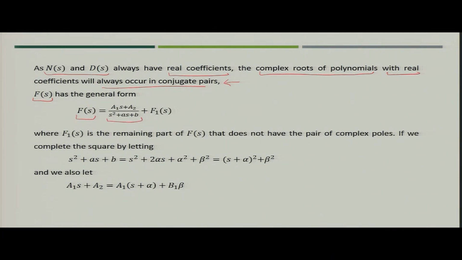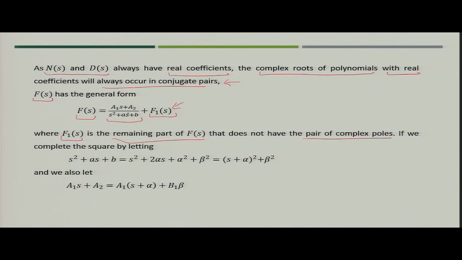The F(s) function you can decompose into two parts. First, the section where you have complex poles can be represented as (a1 s plus a2) divided by (s square plus a s plus b), plus F1(s), where you do not have any complex poles. So F1(s) is the remaining part of F(s) which does not have a pair of complex poles. What do you have to do next?